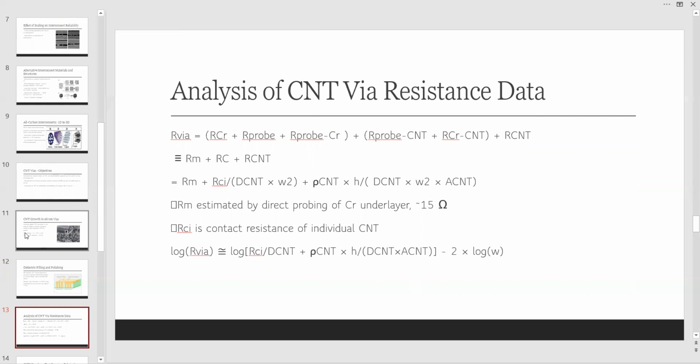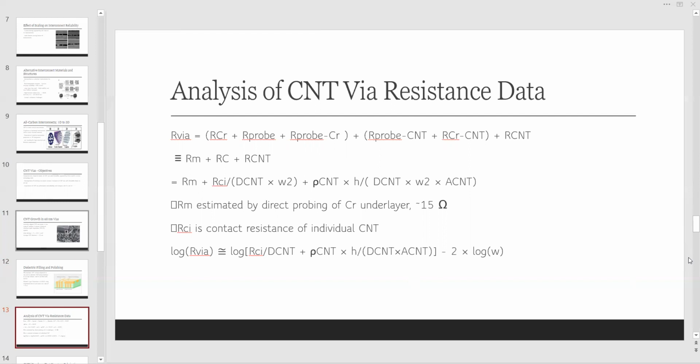R via equals RCR plus R probe plus R probe minus CR plus R probe minus CNT plus RCR minus CNT plus RCNT, equals RM plus RC plus RCNT, equals RM plus RCI by DCNT into W square plus rho CNT into H by DCNT into W square plus ACNT.